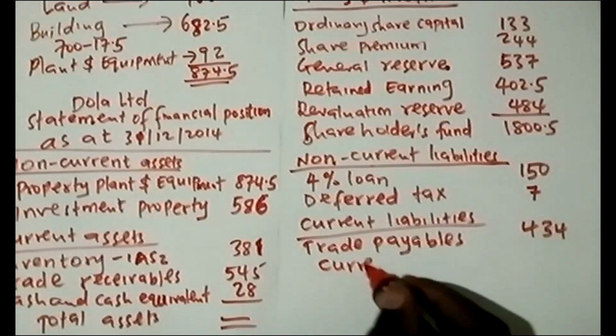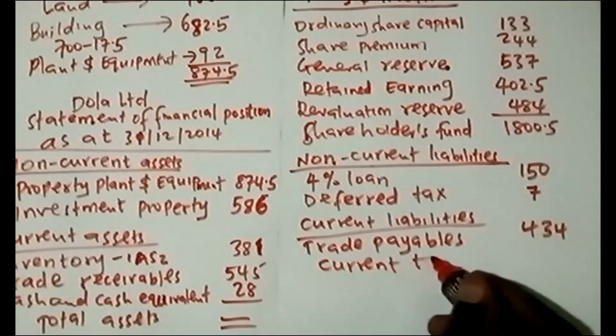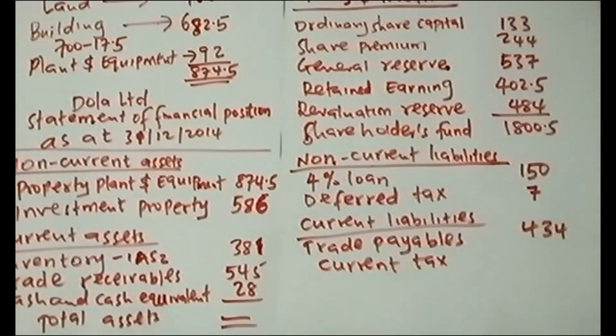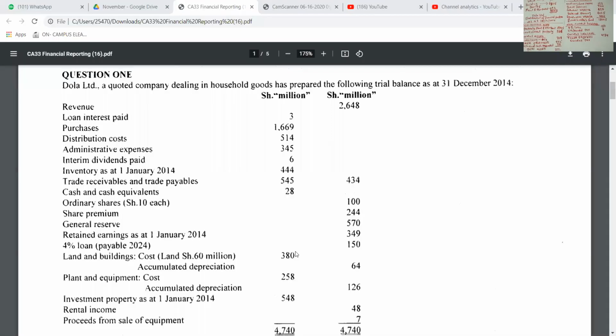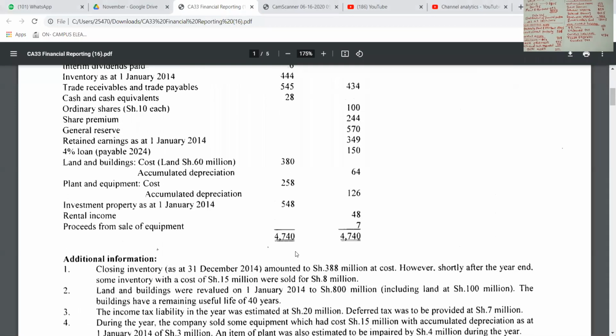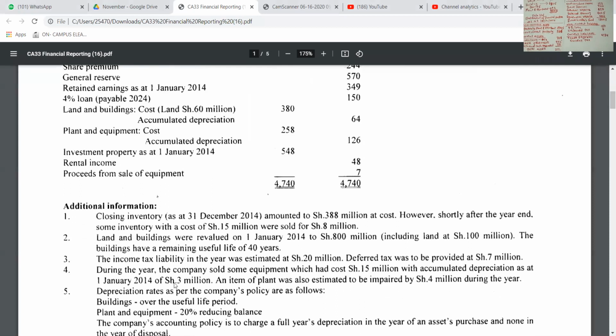Current tax is obviously a current liability. They always say that it is estimated or is to be provided. That is according to note 3. The income tax in the year was estimated. Sometimes they say is to be provided. So that is a current liability.